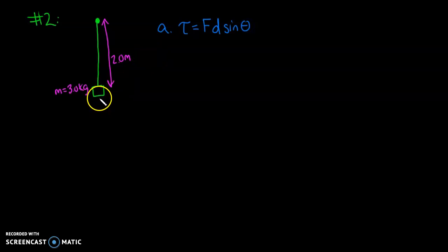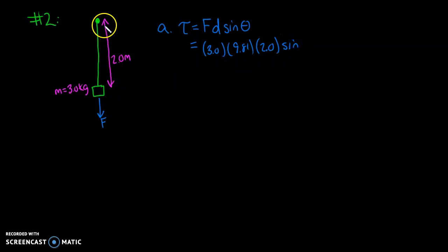So in example A, our force is straight down. Our distance is straight down. We're in the same direction. So remember, force is mass times acceleration, so our force is 3.0 times 9.81 times our distance, which is 2.0 meters, times the sine of, well, what is our angle here if everything is in the same direction?